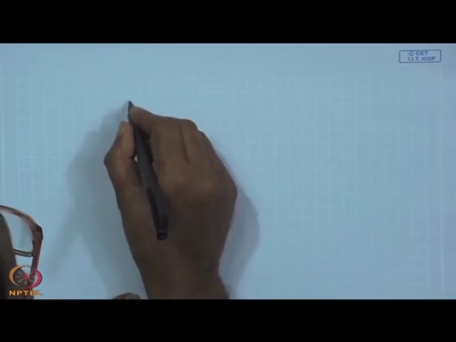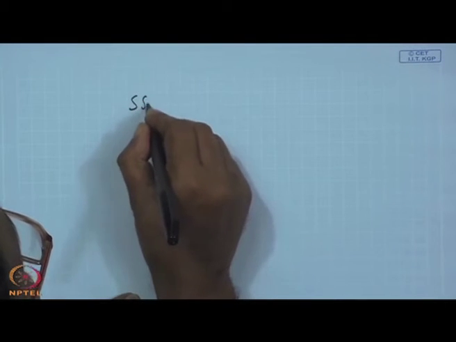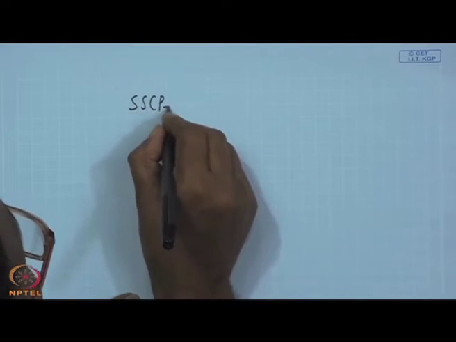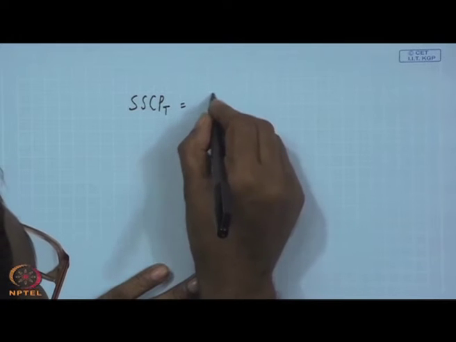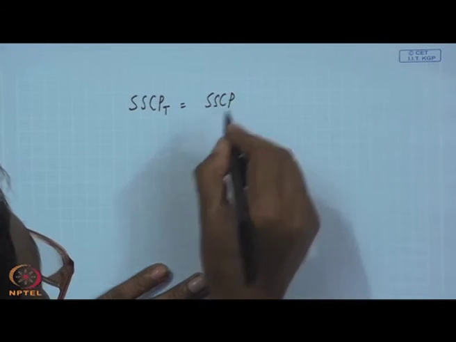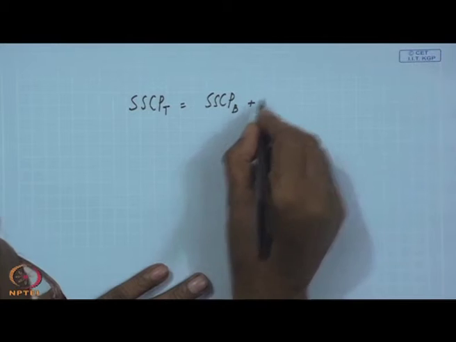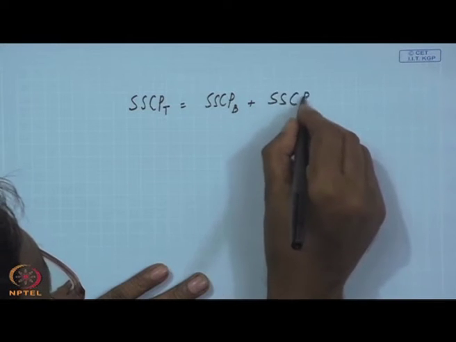We will continue MANOVA, multivariate analysis of variance. In the last class, we decomposed SSCP total into two parts: SSCP between populations plus SSCP error.